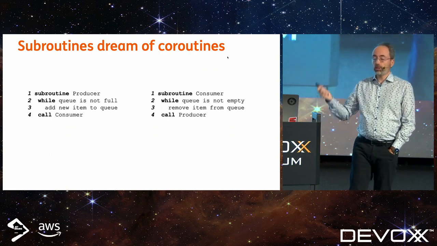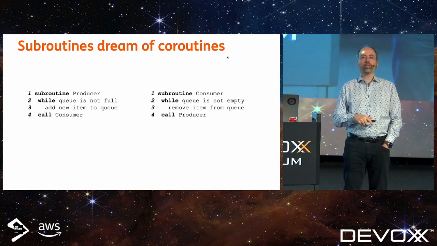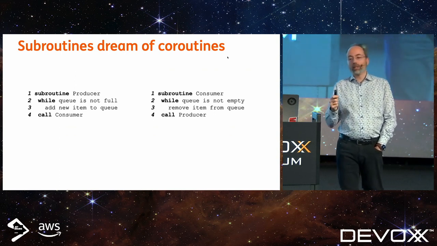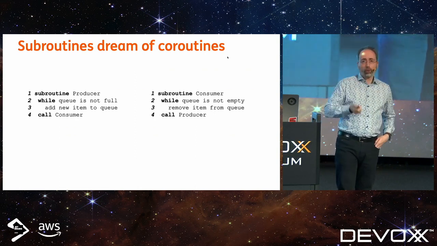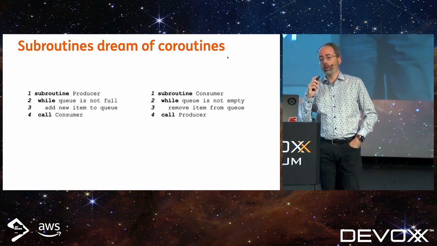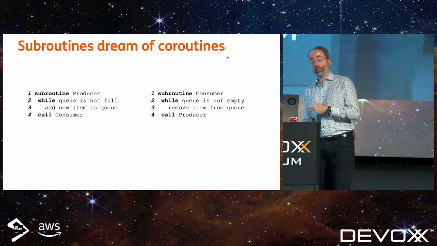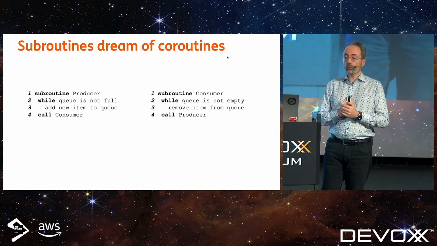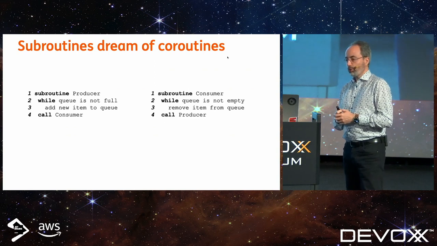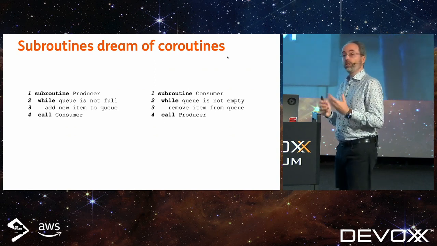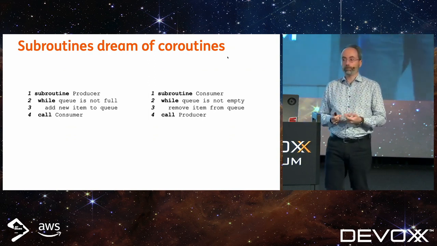We all know that this does not work in practice, at least not in any language that has a call stack. It would quickly exhaust it. But this is a special case of a coroutine. From a theoretical point of view, we can either say that a subroutine is a subset of a coroutine, or the other way around, that a coroutine is an evolved subroutine. I give it up to you to choose which one. But the principle is the same. It's about giving the opportunity to other pieces of code to do their job.